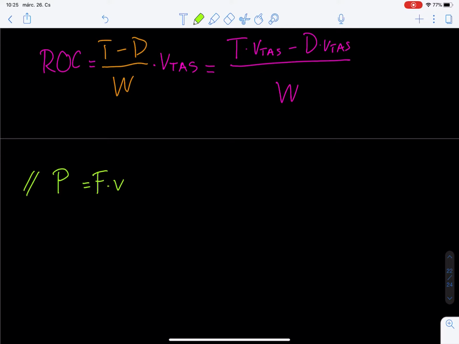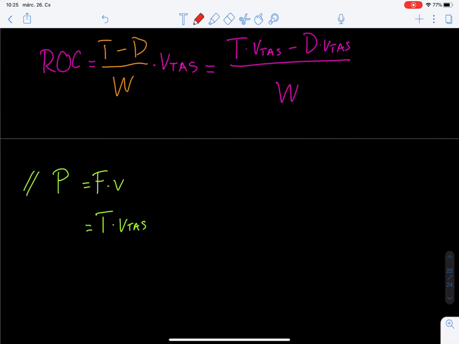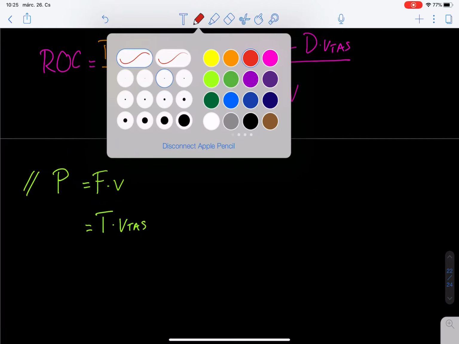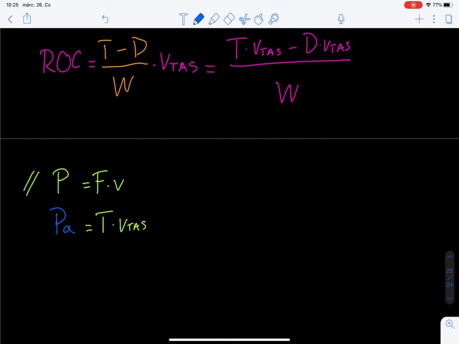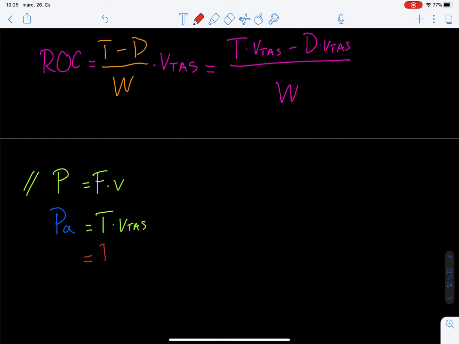So what kind of power does the thrust times the velocity give me? What we said is going to be the so-called power available, right? And the other one, the drag times the VTAS, is going to give us the power required.